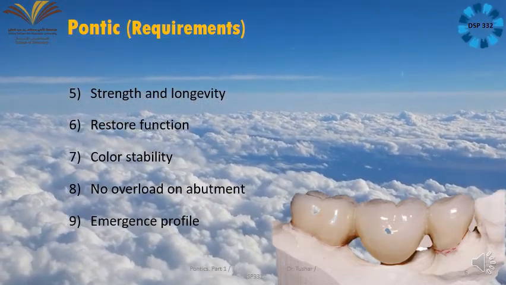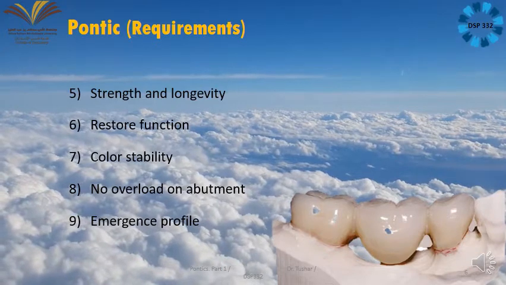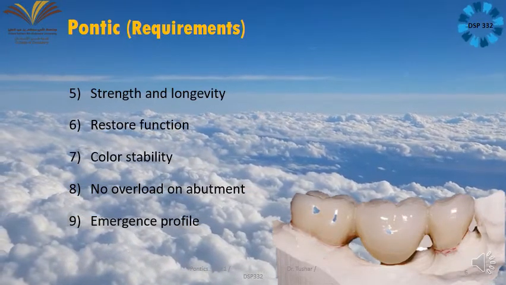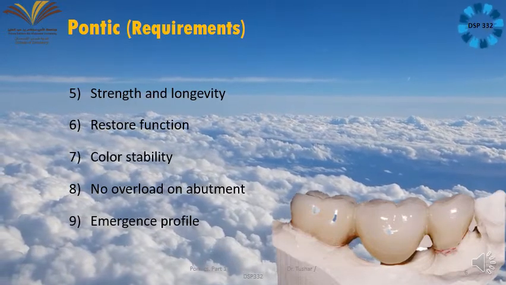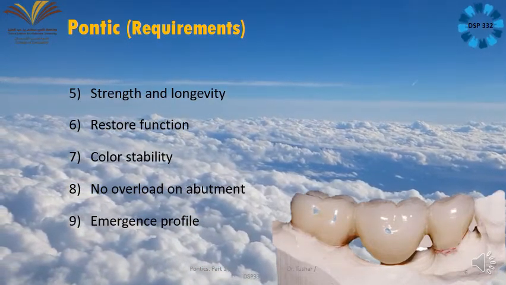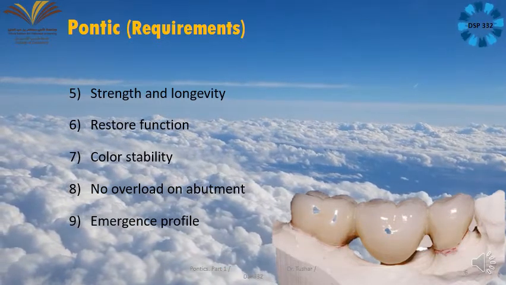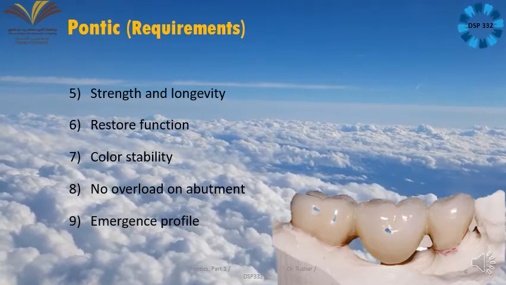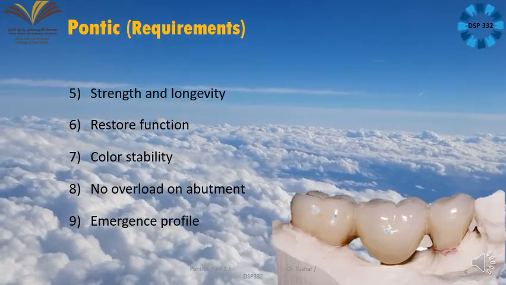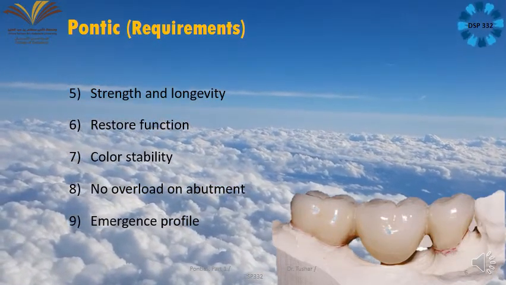So our artificial Pontic, which we are going to replace, should also have that kind of appearance. It should look natural. It should look like it is emerging from the mucosa, from the residual ridge or from the gingiva, right? For that reason we should have a proper emergence profile.